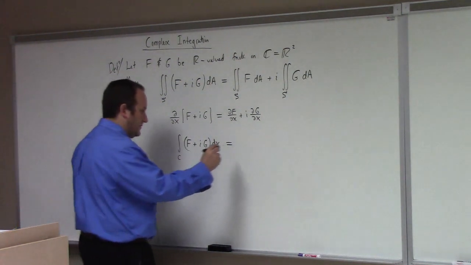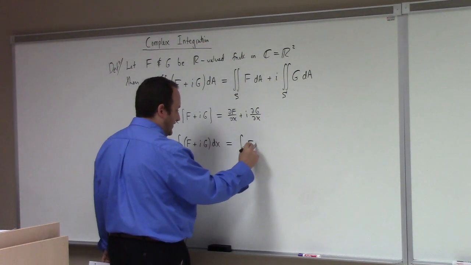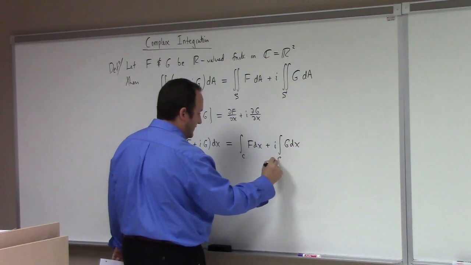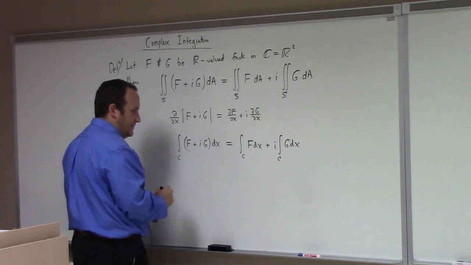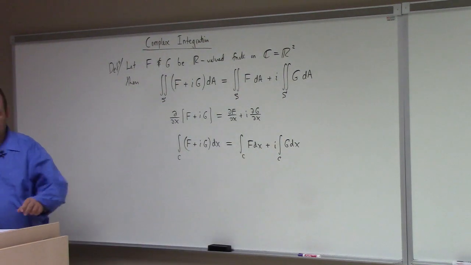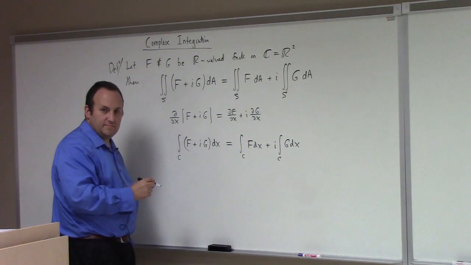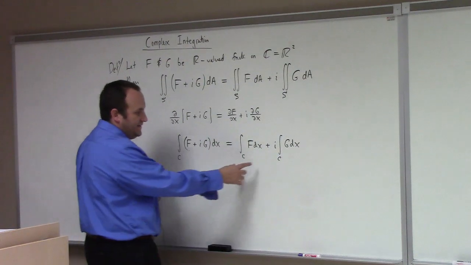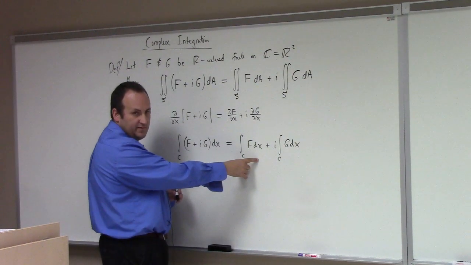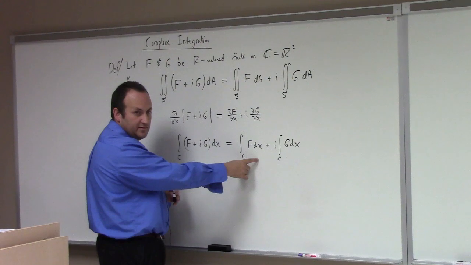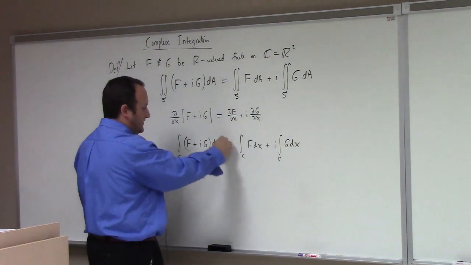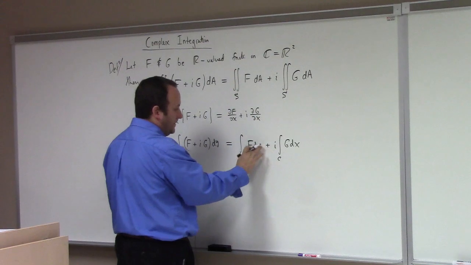That is going to be the integral over the curve of f dx plus i times the integral of g dx over the curve. And likewise, if you don't mind, we could do the same thing with y, right? We define the integral with respect to dy in the same way. These, we defined how to calculate these kinds of line integrals back in Calculus 3, right? You find a parameterization for C, and you do the integration, right? So we could just as well do this for y, all right?